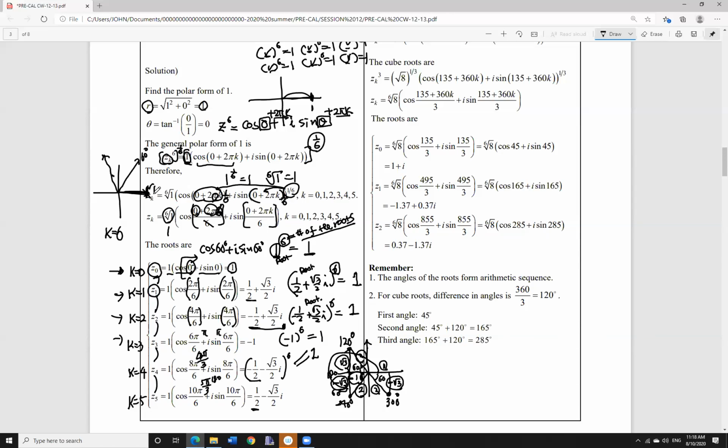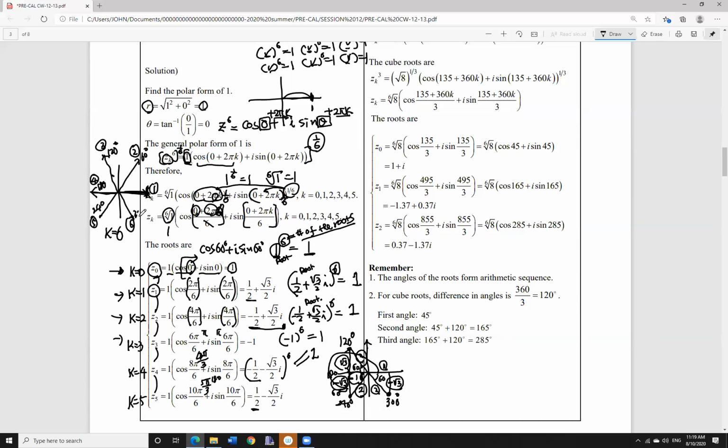This is the first root over here. There is the second root over here. Third root is 120. Fourth root, another 60, 180, right? Another 60 is 180 over here. Fourth root, this is 180. Another 60 is 240 over here. 240. Another 60 is 300 over here.